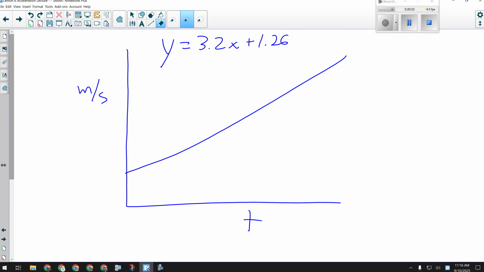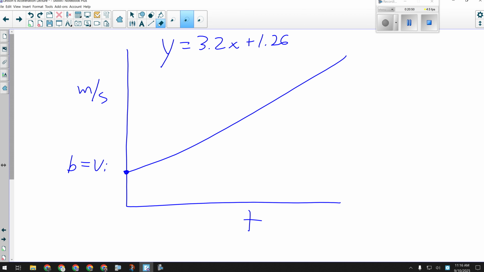Here's what I want you to ask yourself, because it'll help you with tomorrow and doing the lab report. If this is a velocity versus time graph, this is B. Agreed? What does B represent on this graph? The initial velocity, starting velocity, starting point. So B is going to represent our initial velocity.